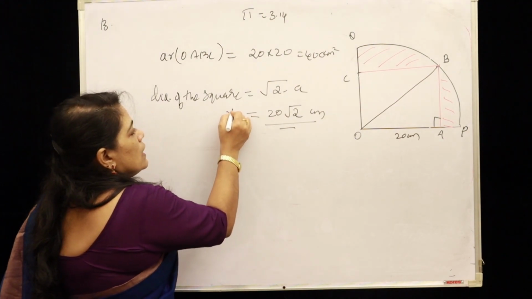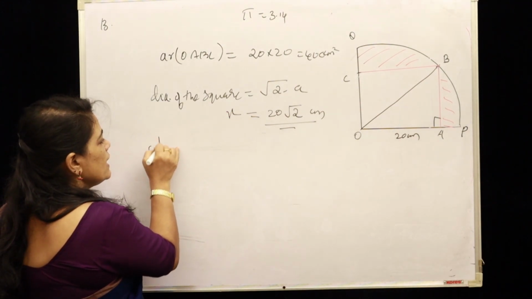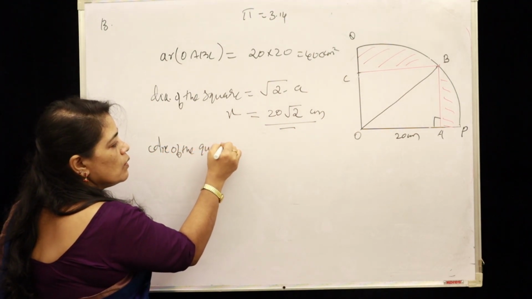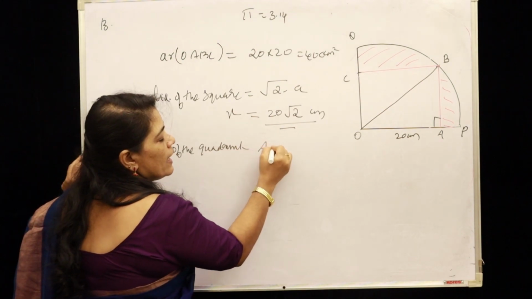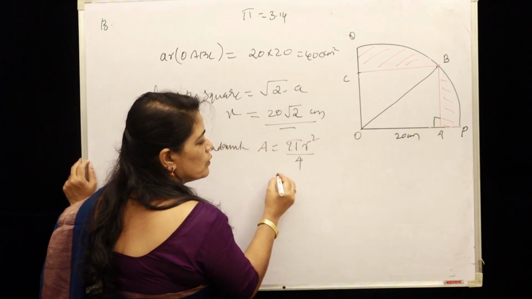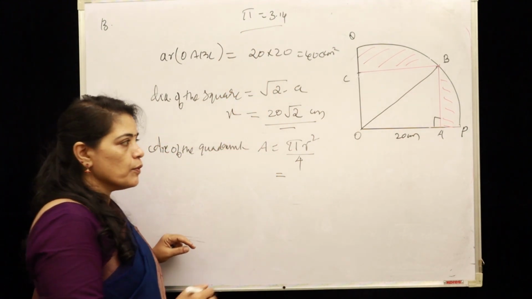Next step, we are going to calculate the area of the quadrant. Area of the quadrant, A is equal to pi r square by 4. We have to substitute the value of pi as 3.14.